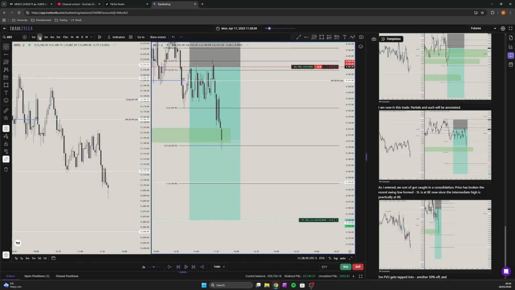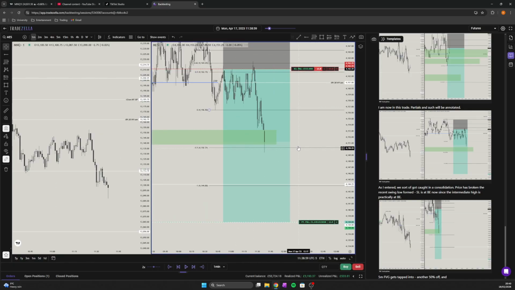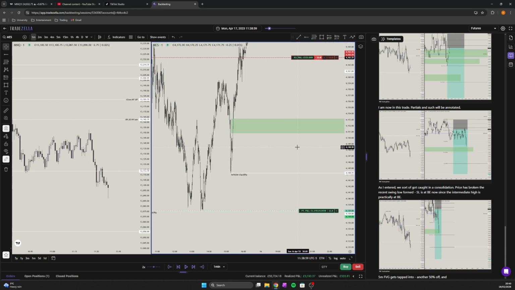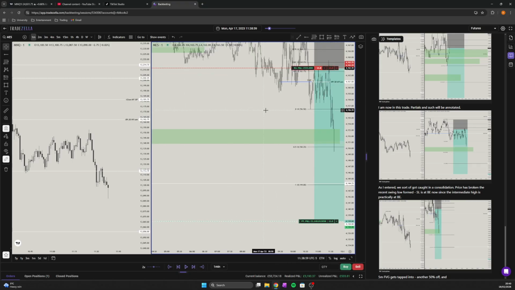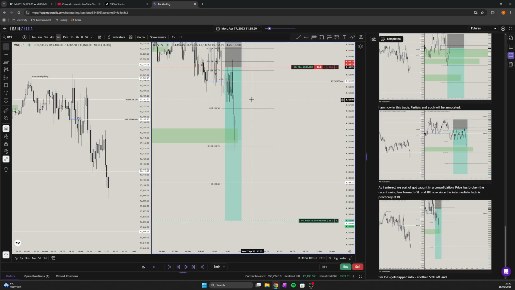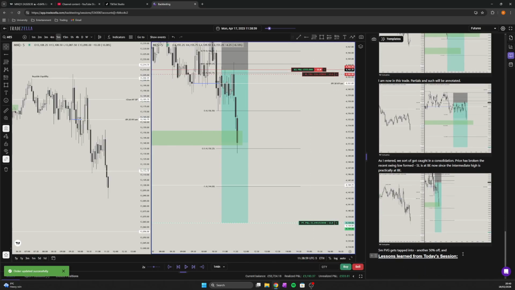3, 2, 1 minute. Do we have a significant market structure shift anywhere? Not yet. Can price run back higher than this level? It could. So I'm going to move my stop loss a little bit here. SL has been moved to the top of the bearish 5-minute order block.